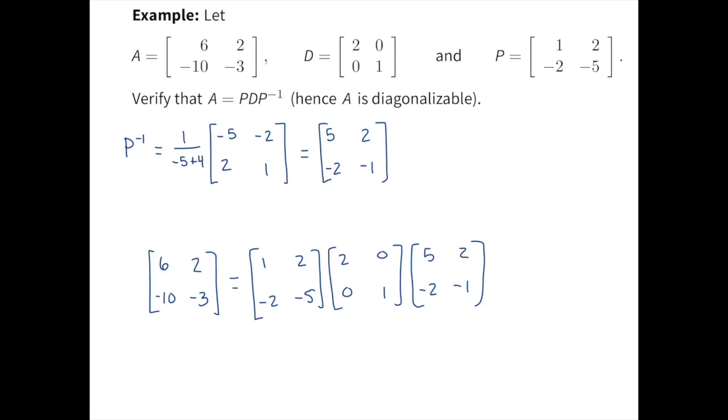And in fact, I'll let you verify this on your own. But what you'll see is if you multiply these three matrices out on the right-hand side, you will see that they do indeed equal A.